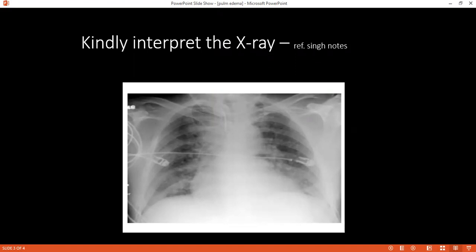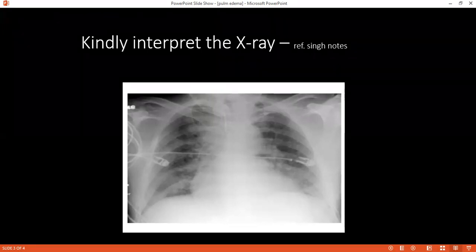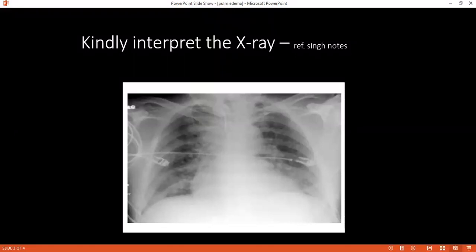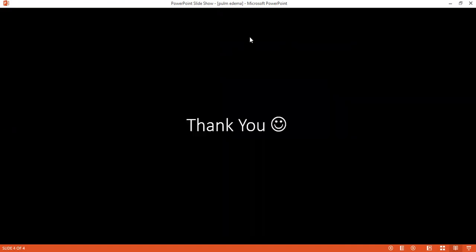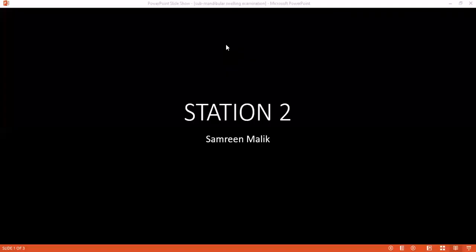How about the lung field? Interstitial edema has been noted, along with Kerley B lines, and a typical pattern of bat wing appearance, alveolar edema. Good. Thanks. Thank you.